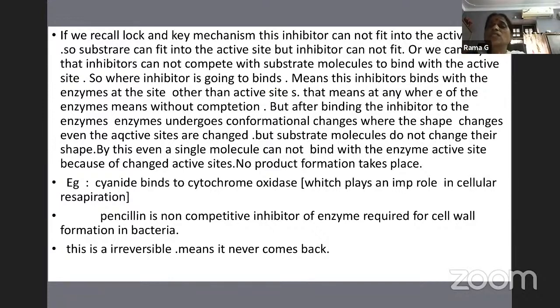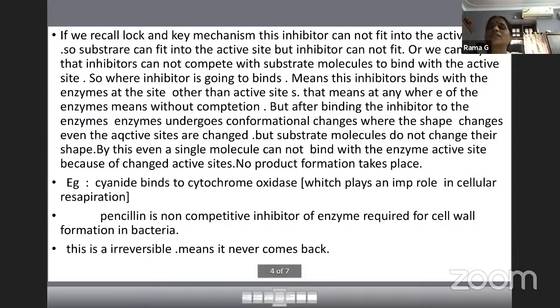So here, cyanide binds to cytochrome oxidase. Then another non-competitive inhibitor is penicillin. Penicillin is a non-competitive inhibitor of the enzyme required for cell wall formation in bacteria.